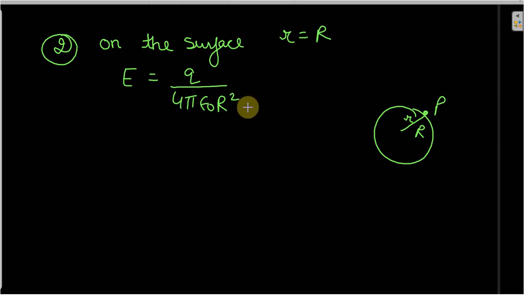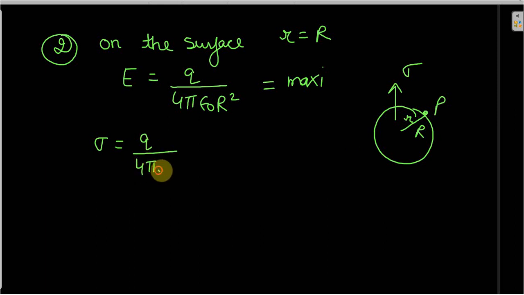Now we will write it in a different form. We will write this in terms of surface charge density. So if sigma is the surface charge density and Q is the total charge, you can write sigma is equal to Q by 4 pi R square, where R is the surface radius.